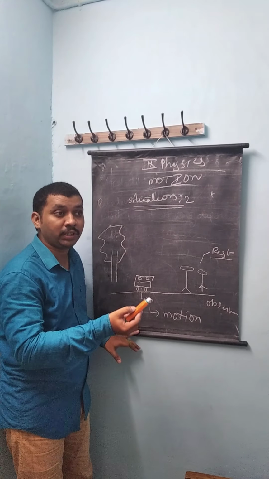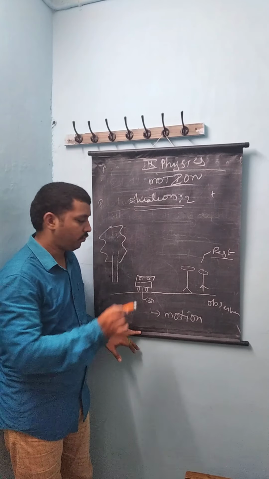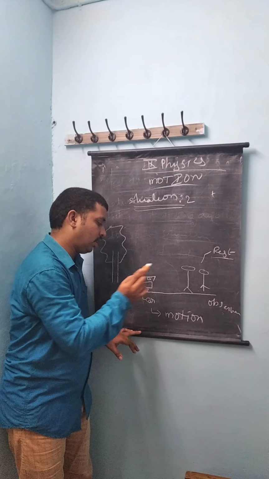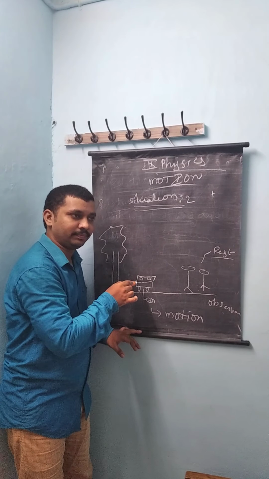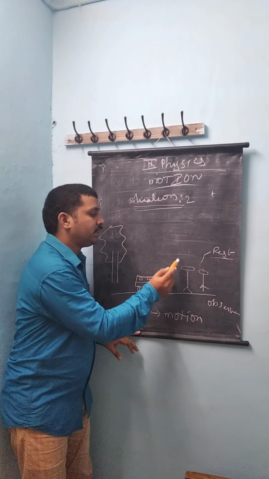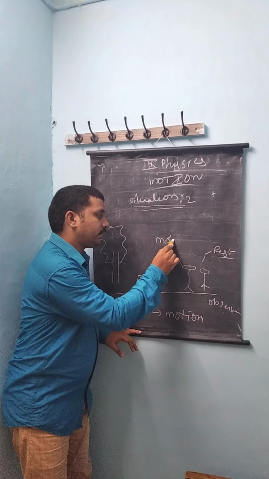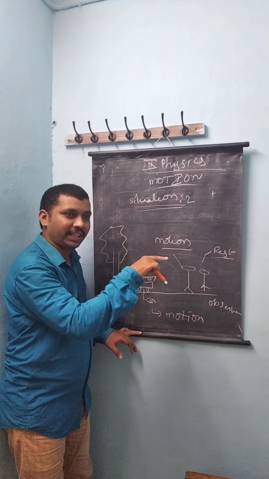Are they moving or are they at rest? The passenger is observing the observers from the moving car. Now the result is the observers are in motion.